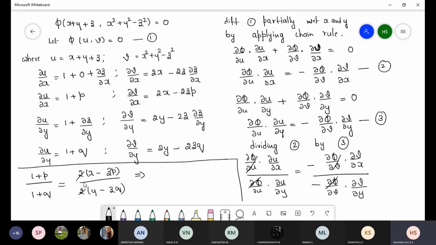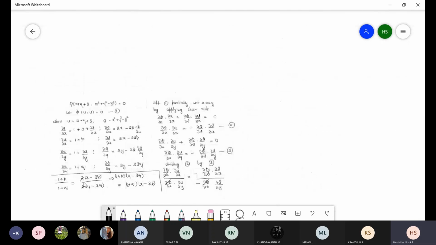So here (1 + p)(y minus zq) is equal to (1 + q)(x minus zp).